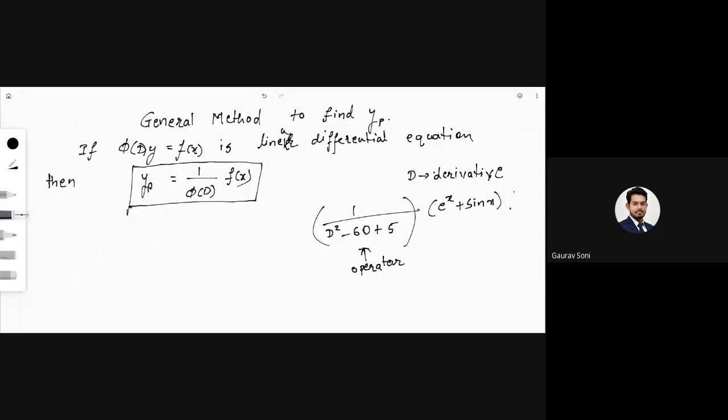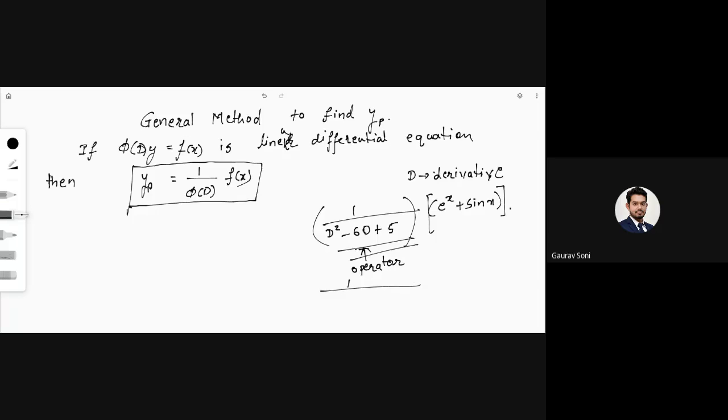In this method, we will see how this operator operates on this function, e to the power x plus sine x. For that, we will use a simple logic. Whenever I have a polynomial, I can write it in factored form.